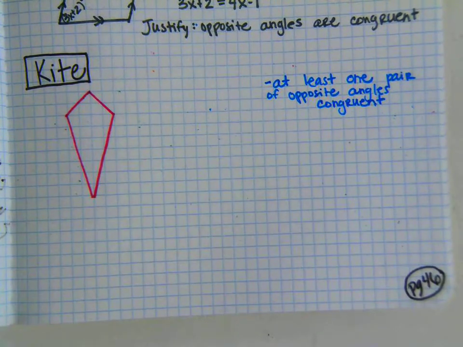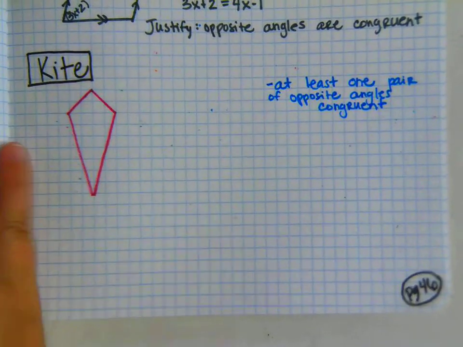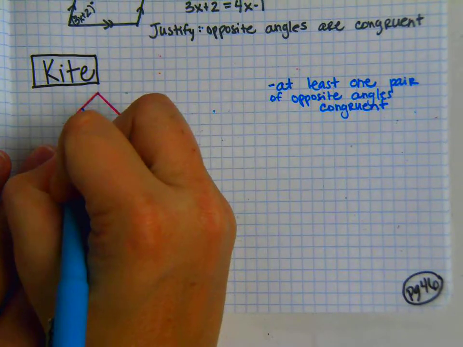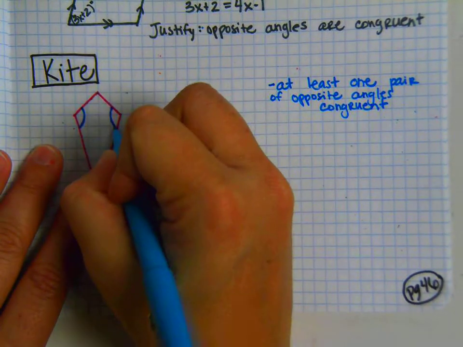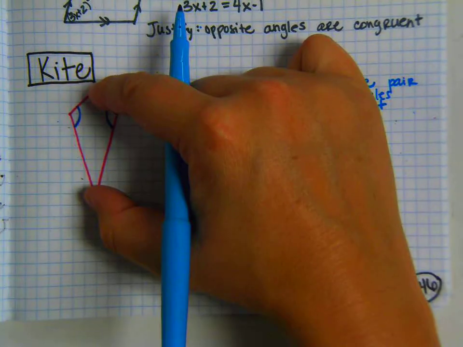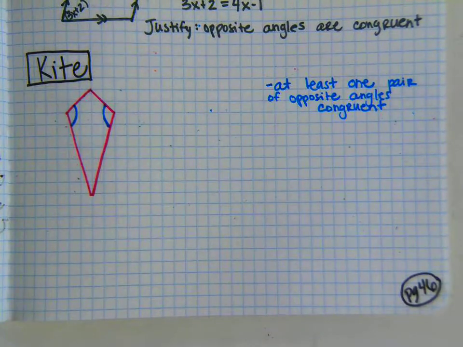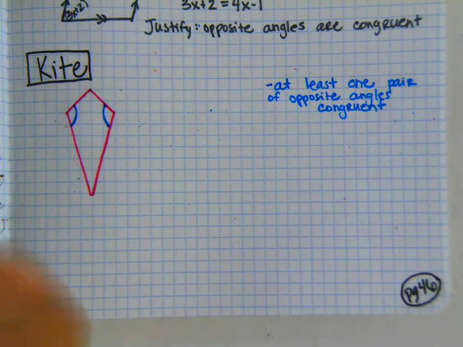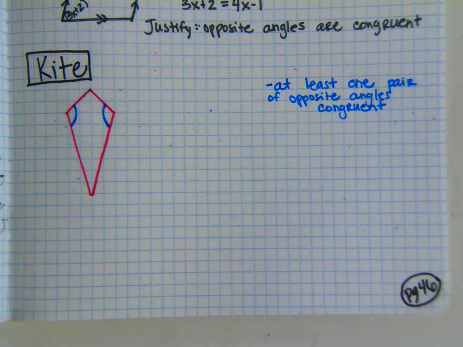At least one pair of opposite angles are congruent, okay? So that means that these angles are congruent. Other angles could be congruent, but they're not necessarily congruent. So we say at least one pair because we know we're given that pair, but we don't know about the other ones.